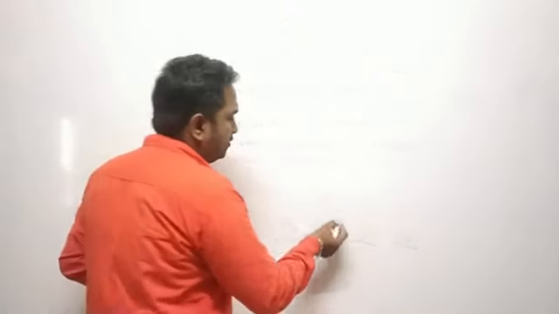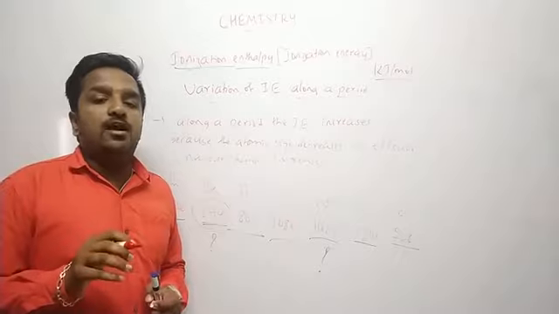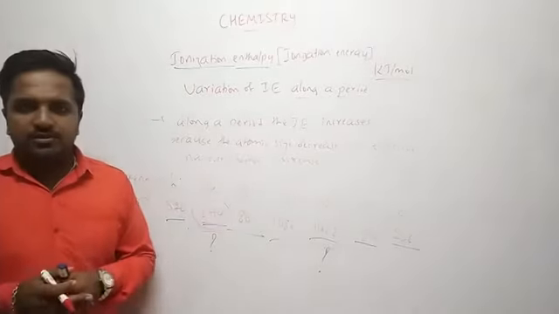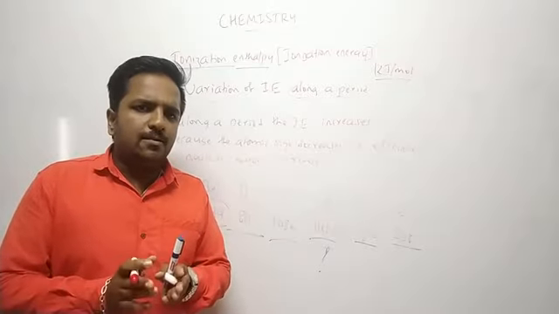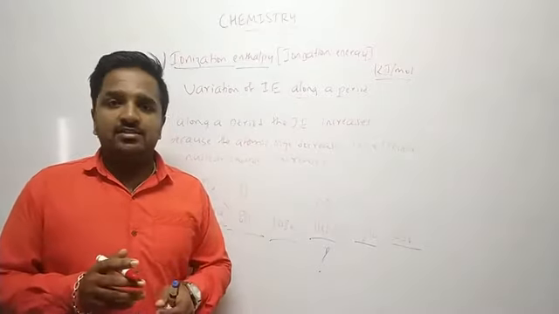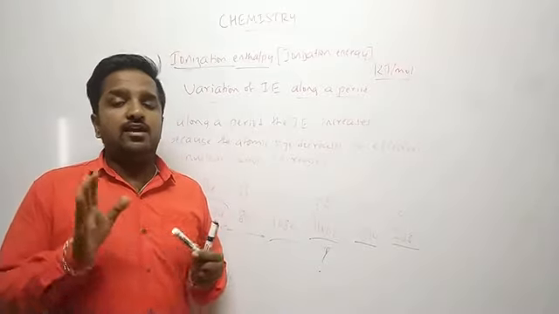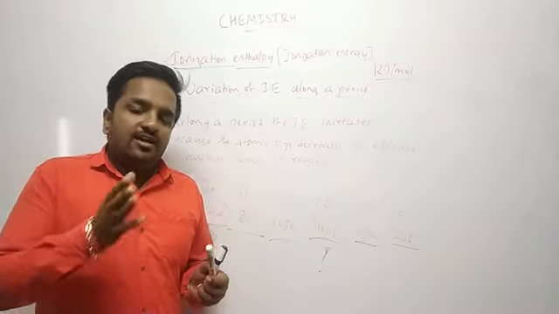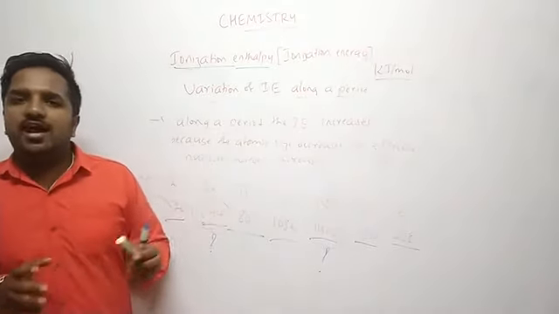Now we have nitrogen. In nitrogen, we have half-filled 2p orbitals. We have one more factor also. Completely filled orbitals are highly stable, for example, p orbital with 6 electrons and d orbital with 10 electrons. But if they have at least half-filled orbitals, they are also considered stable.